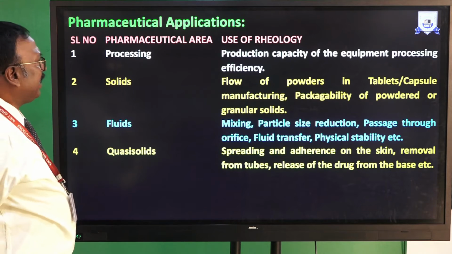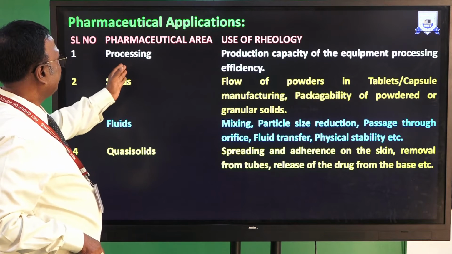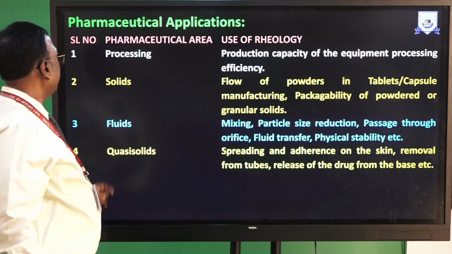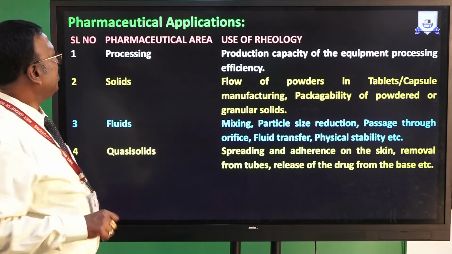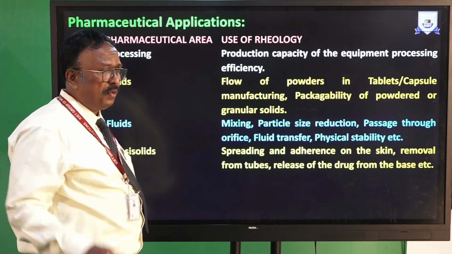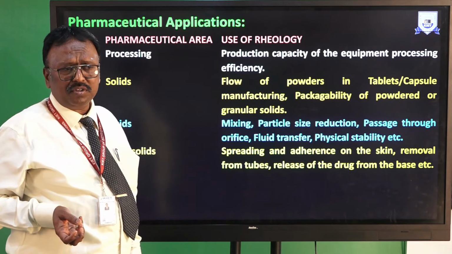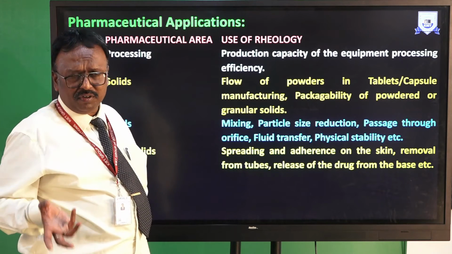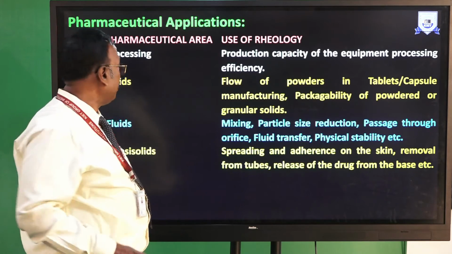Then, pharmaceutical applications, we already discussed. In this area, the use of rheology, number one, is processing. Rheology governs the production capacity of the equipment and processing efficiency. Different types of equipment are used for mixing, and roller mills are used for the preparation of creams and ointments.